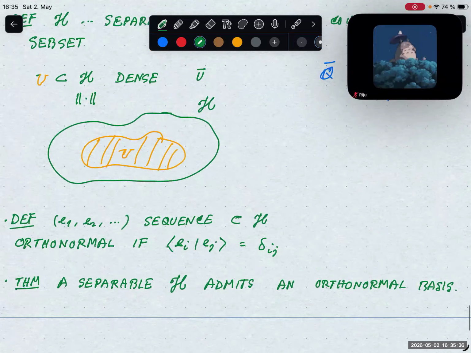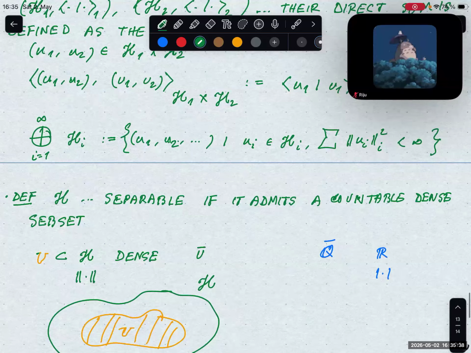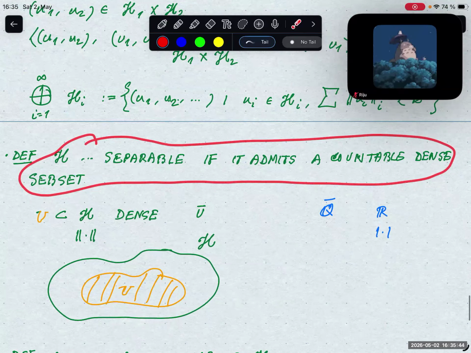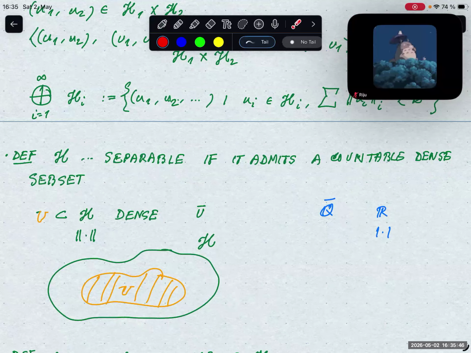So a separable Hilbert space means precisely this. These are Hilbert spaces which have some subset U which is dense. That means you take an element of the Hilbert space and a sequence of elements in U, and you can approximate this element using U, and the subset will be countable.